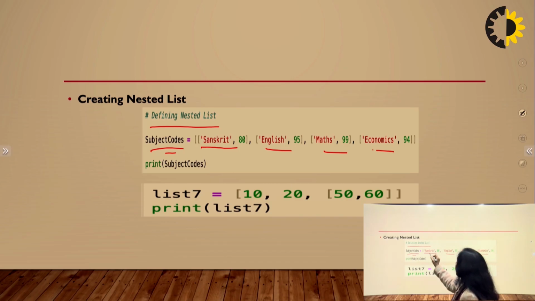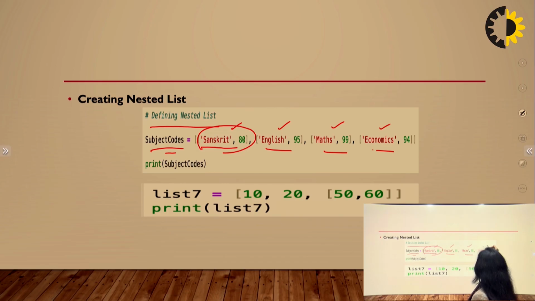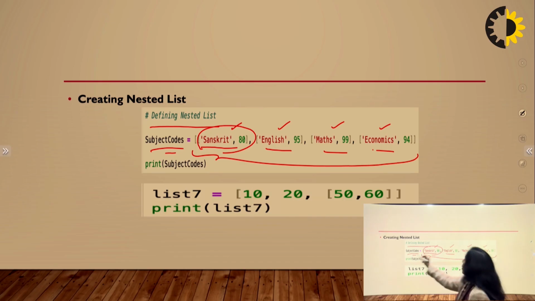This is having the subject and its marks, and all these are different lists, list number 1, 2, 3 and 4. All these are encapsulated inside this variable subject_codes. So, subject_codes is a list with lists 1, 2, 3 and 4 inside it.